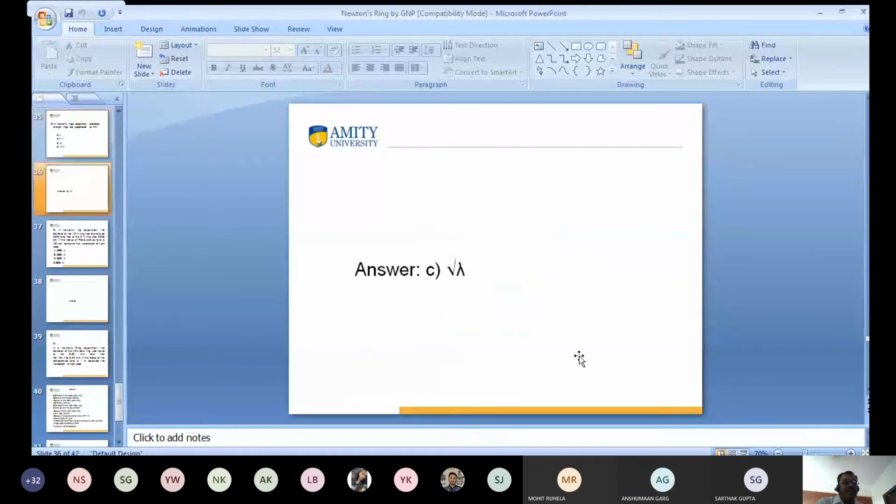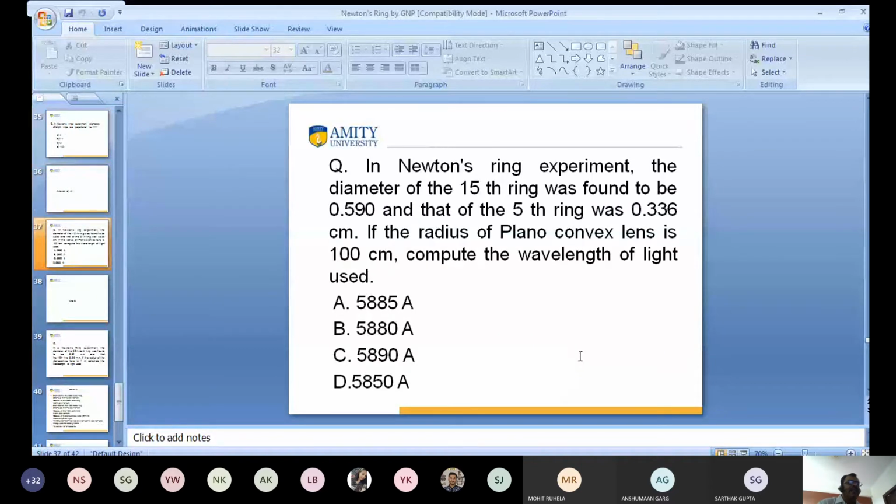Next question. This is a numerical question. Can you solve this question? In Newton's experiment, the diameter of the 15th ring and the 5th ring is given, R is given. Which formula do you use?